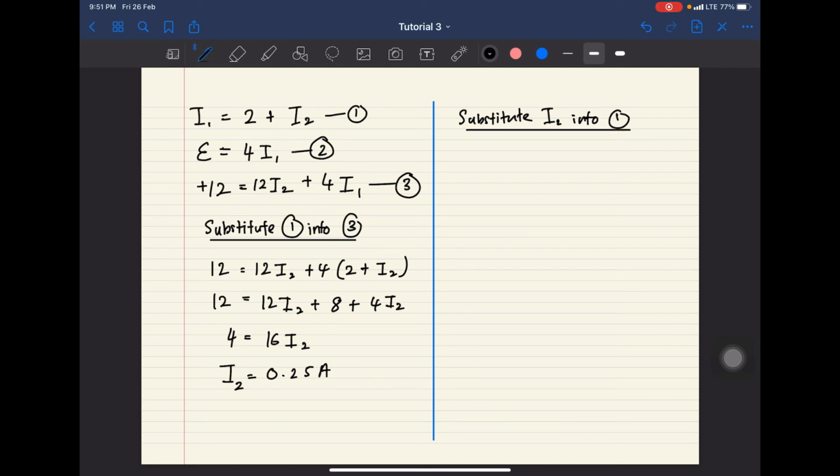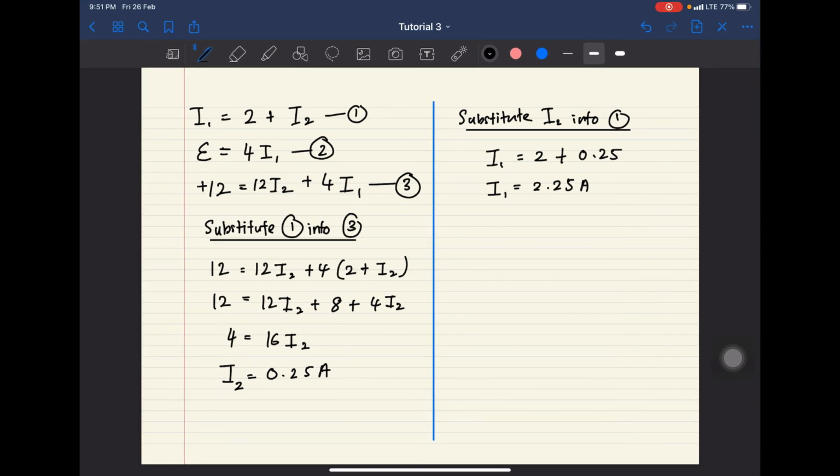So I'm going to have I1 equals to 2 plus 0.25. What I got here is 2.25 ampere. Okay, so I have I1 and I2.